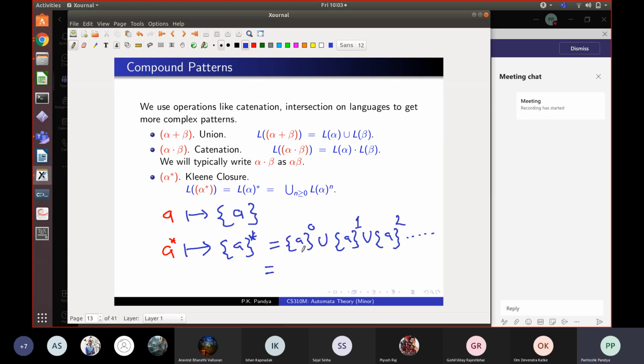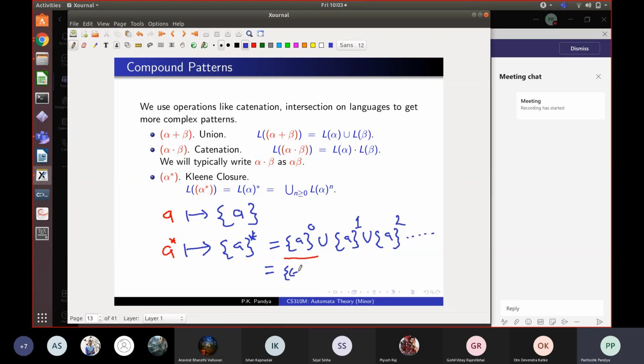This set to the power 0 will give me what? I think I asked you to revise this yesterday, and not many people have done. What will this underlined red expression reduce to? Oh, sorry. Epsilon. Yes. So a set containing only the string epsilon, right?